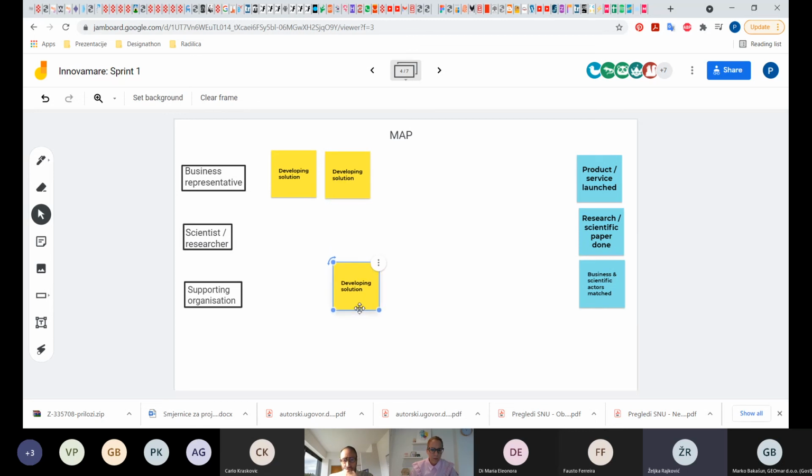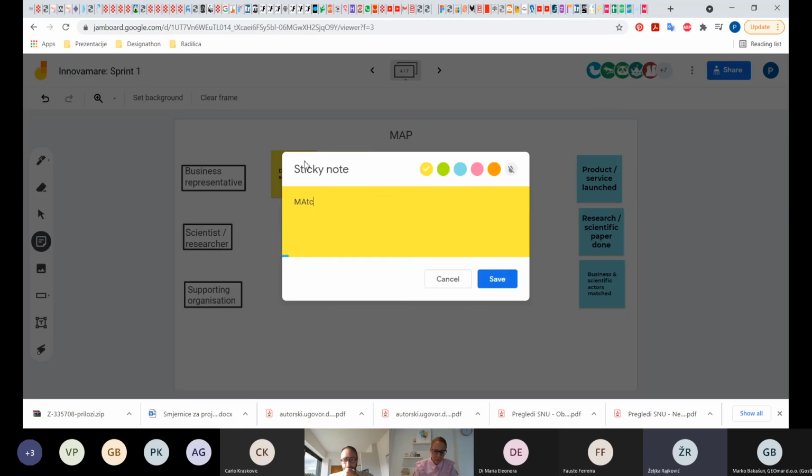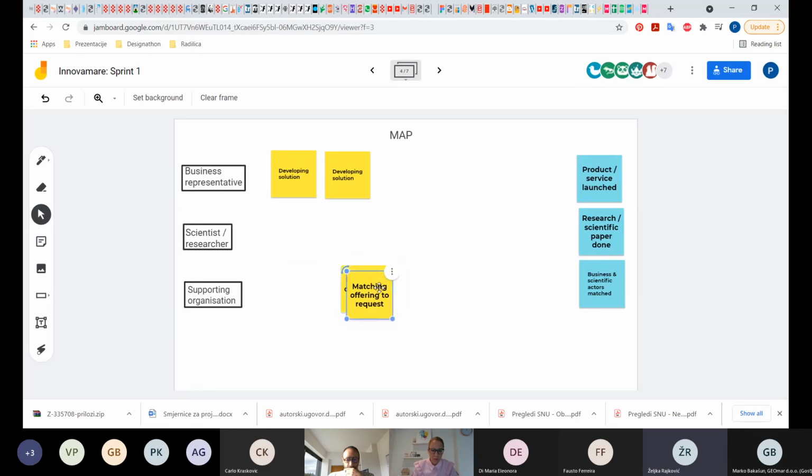To find a company that is offering a solution to maybe scientists or research, or maybe even the local and regional government also. They're also important stakeholders. So matching. Or maybe not just matching offer to request, but also finding the funding for development of some solution.